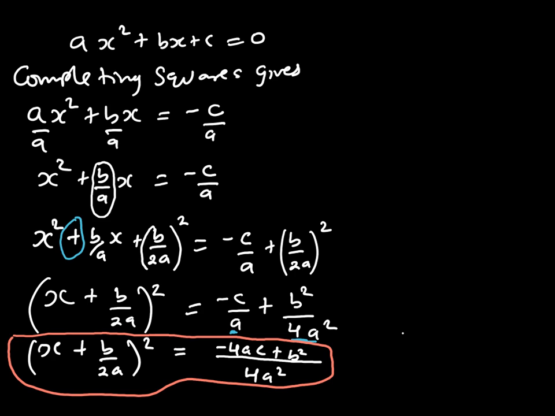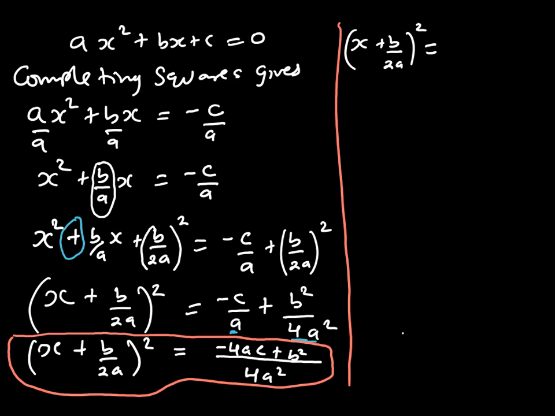What do we get when we simplify this? We have x plus b over 2a, this squared, is the same thing as b squared minus 4ac divided by 4a squared.